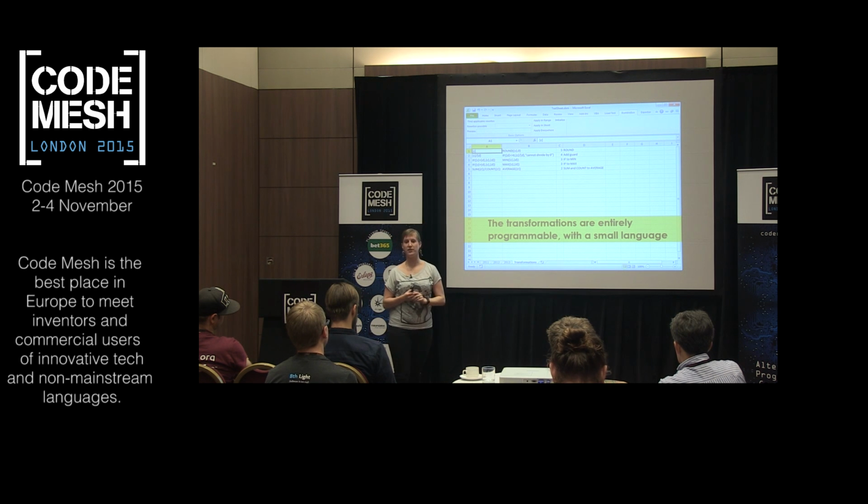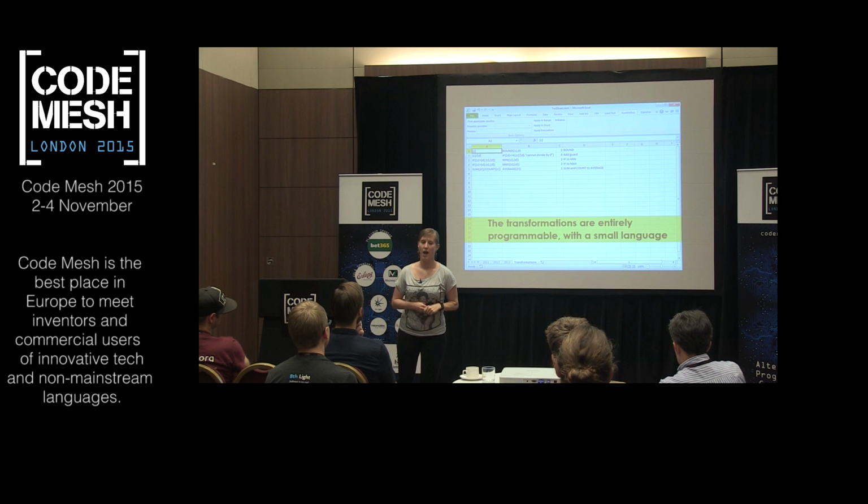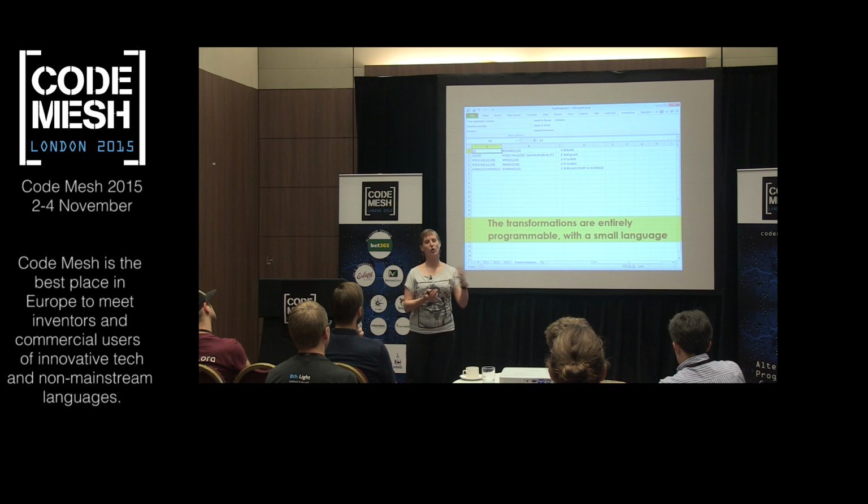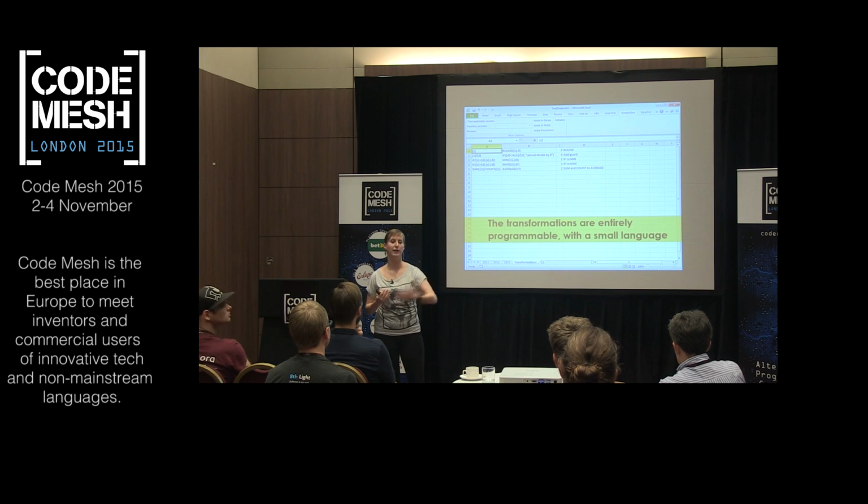And these transformations are entirely programmable. So we did make a number of default refactorings, but if you don't like them or if you want to have others, you can define your own transformation in a language that's very much like spreadsheet formulas. And we imagine that power users that can use very complicated formulas or write VBA could also write these transformations and then apply them on their spreadsheet.